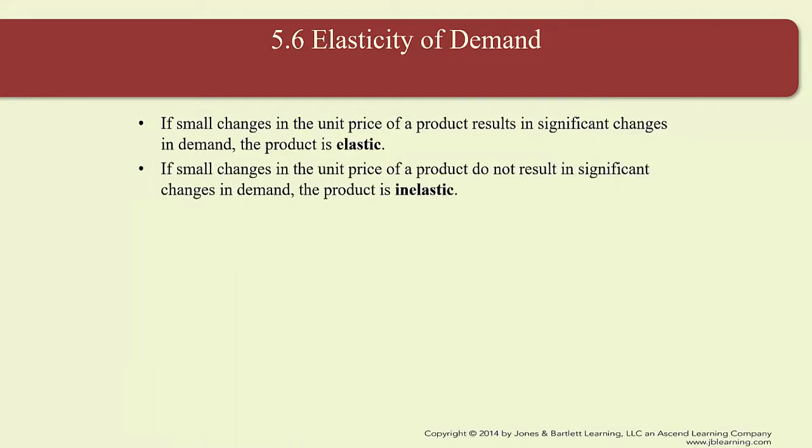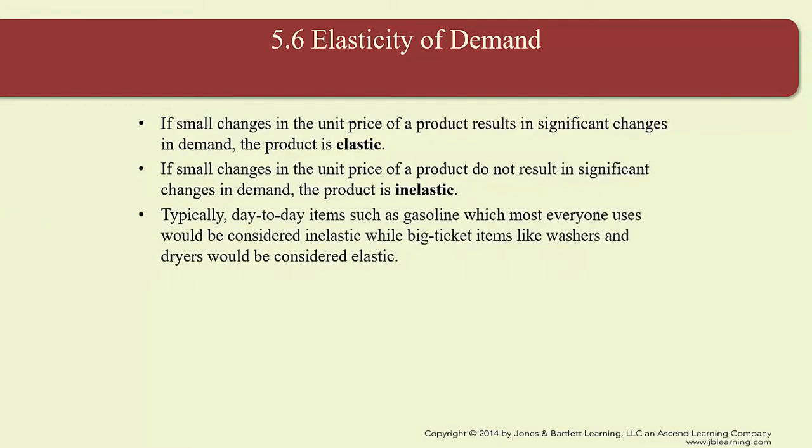However, if small changes in the unit price of a product do not result in significant changes in demand, that product is said to be inelastic. Now, typically, there are day-to-day items such as gasoline, which most everyone uses, that would be considered inelastic, while big ticket items like washers and dryers would be considered elastic.